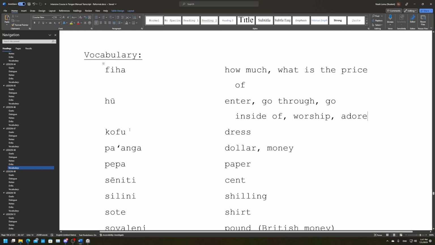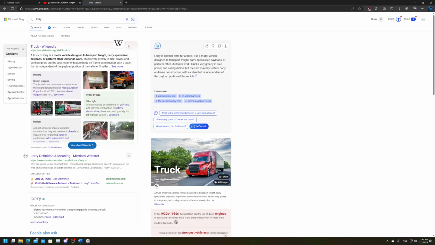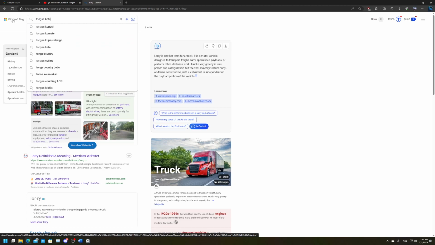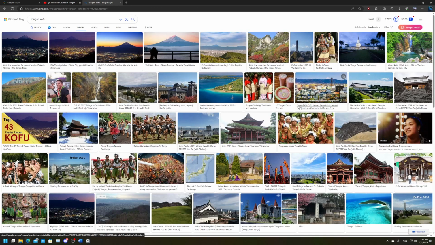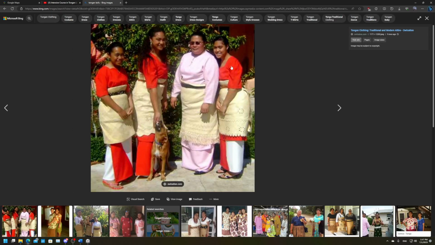So kofu is dress. Sometimes it refers to a very specific style. I can probably find a picture if I search Tongan kofu. You can see in this picture, these women are all wearing what would always be called a kofu.